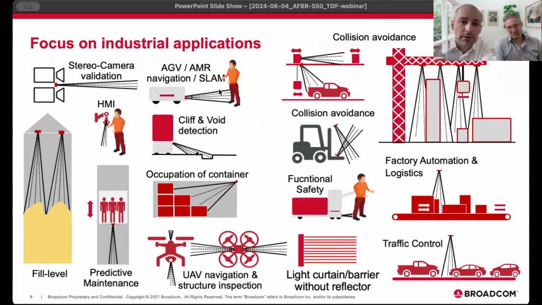We talk about logistics robots like AGVs, AMRs, talking also about cliff and void detection, and also functional safety with forklifts. Factory automation is a very hot topic, and also one use case where we are very unique and have very good performance, actually the drone applications, which are depicted here below.